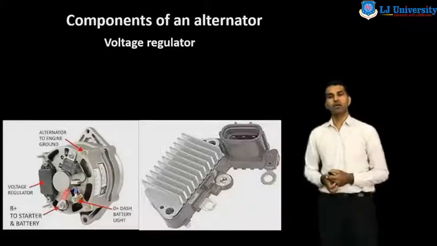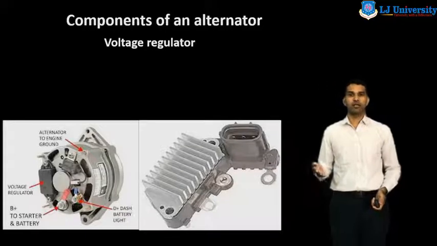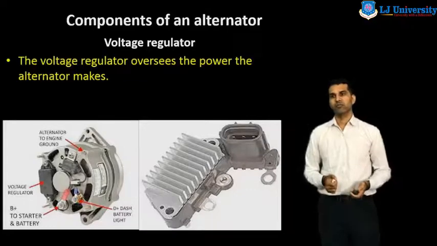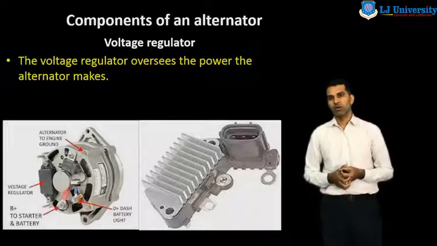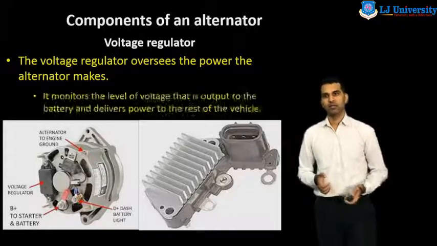Now the second one is the voltage regulator. As the name suggests, it is used to regulate the amount of voltage. The voltage regulator oversees the power the alternator makes.